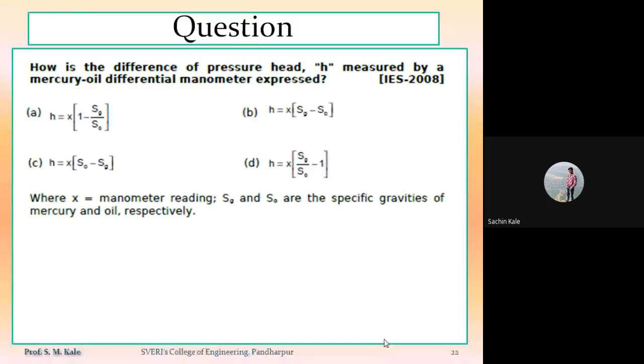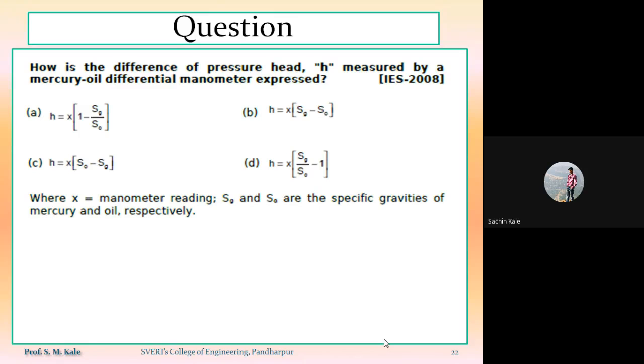We know two formulas. First, when the manometric fluid is heavier than the fluid passing through the pipe, we use H is equal to x into specific gravity of the heavier fluid divided by specific gravity of the fluid passing through the pipe, minus 1.